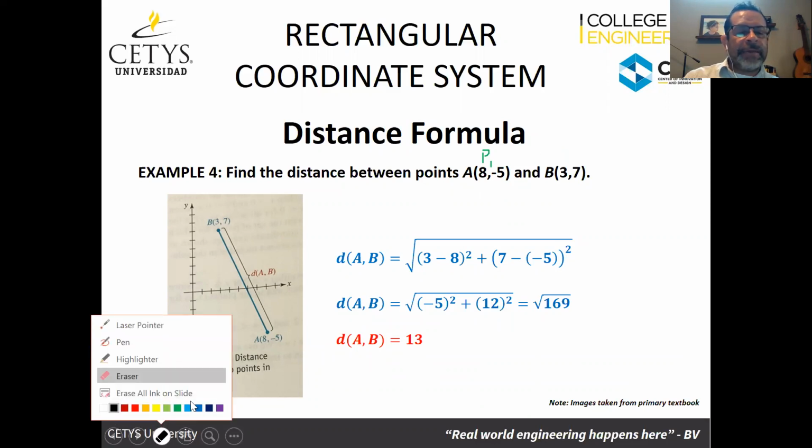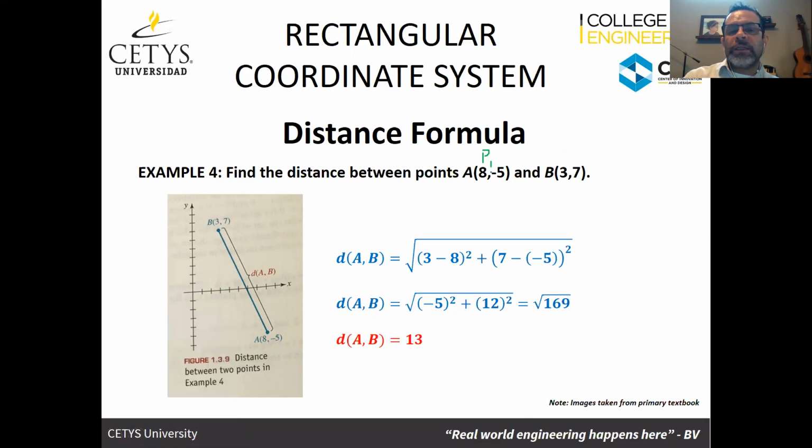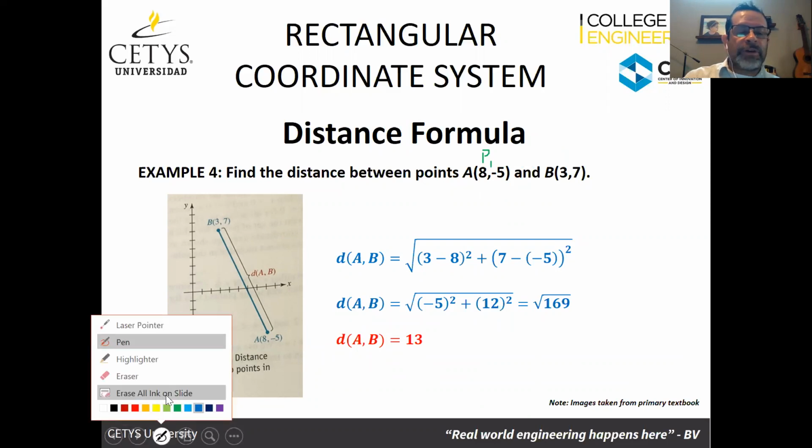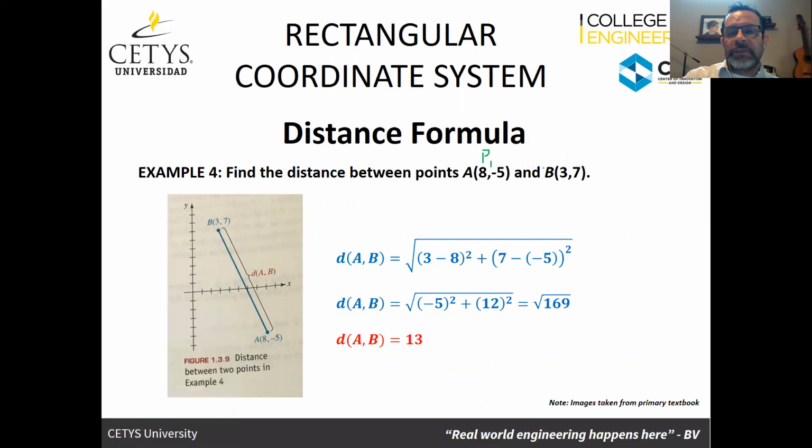By the way, we can name them however we want. Any point could have been 1 and any point could have been 2. It doesn't matter. We just have to be very careful as to how we represent the magnitude. So this is going to be point 1 and point 2.